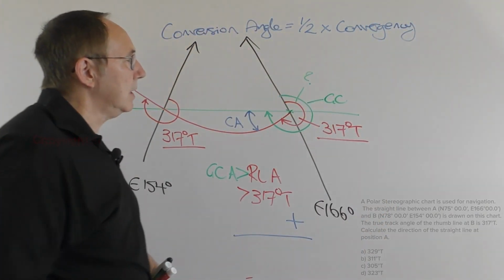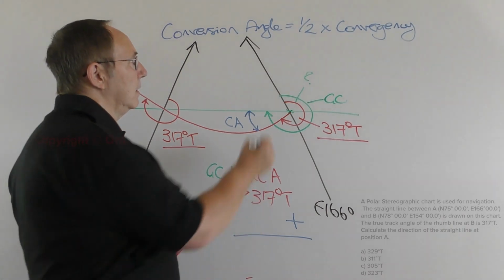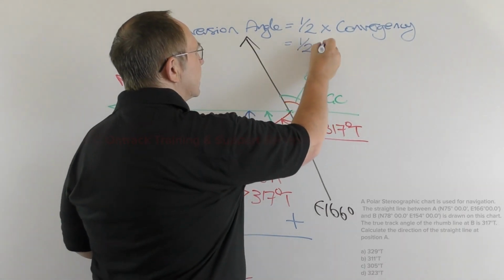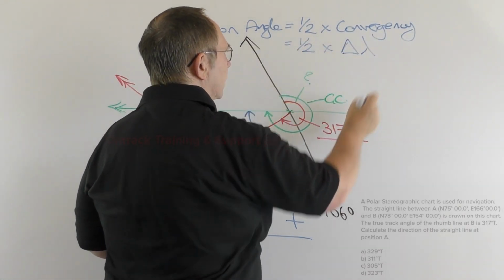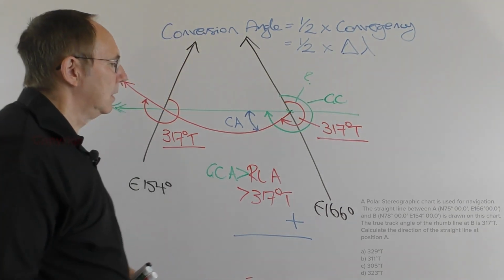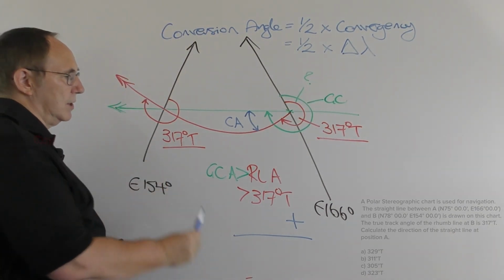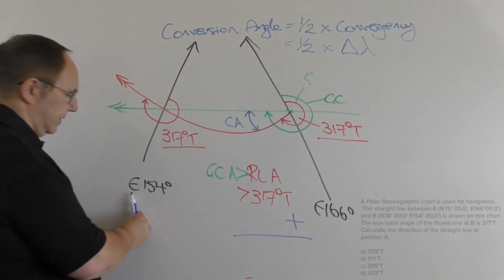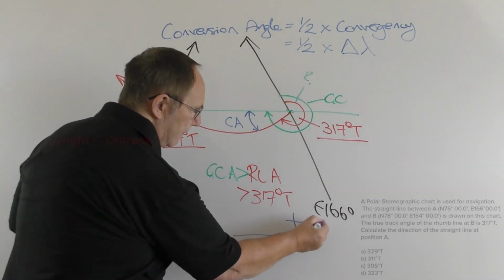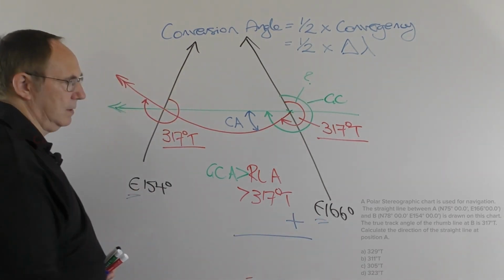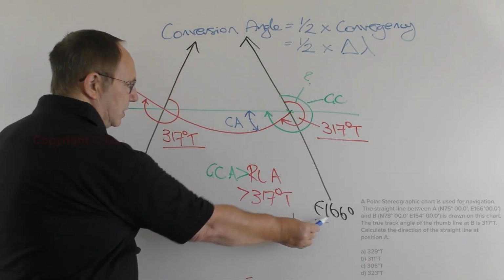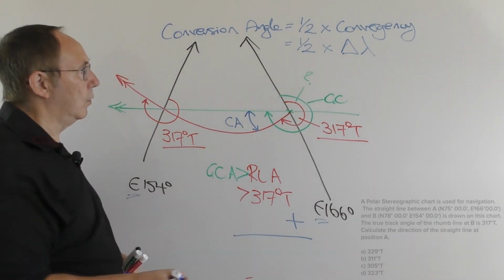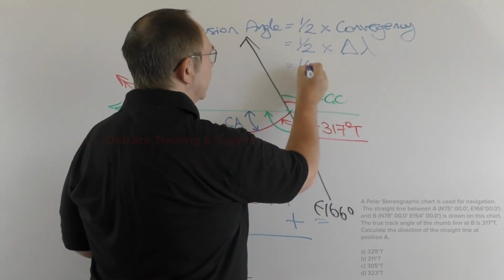And convergency on a polar stereographic chart is simply change of longitude, delta lambda. The change of longitude between east 166 and east 154, equal hemispheres, so we subtract: 166 take away 154 is 12 degrees.